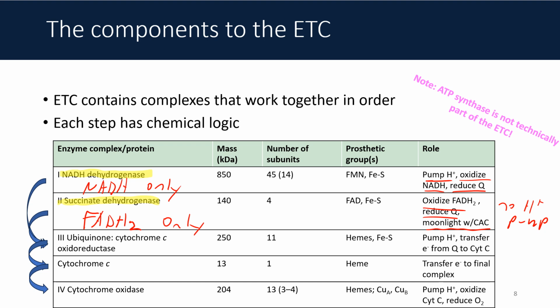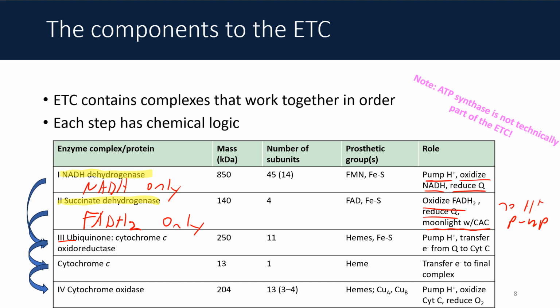swim along to the next station, complex 3, which is another proton pump, and its name is also ubiquinone cytochrome C oxidoreductase. Its job is to take these charged up Q molecules swimming about, take off the electrons we gave them, and relay those electrons to the next electron carrier in the electron transfer chain.